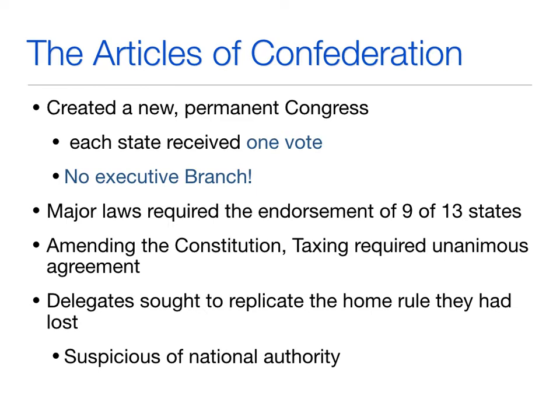Now, things like amending the Articles as a constitution or taxing the states or people directly would have required unanimous consent. So that means these kinds of things are incredibly difficult to achieve because you just need one state to say, I don't think so, and the effort fails.